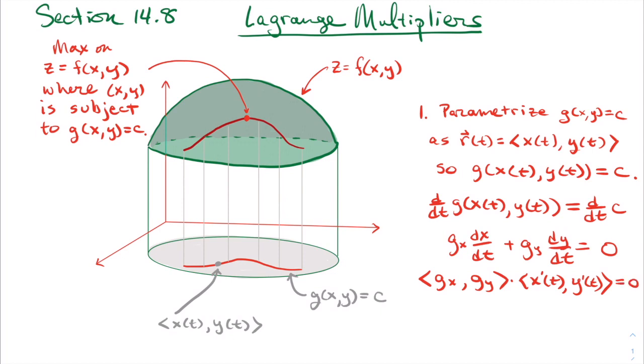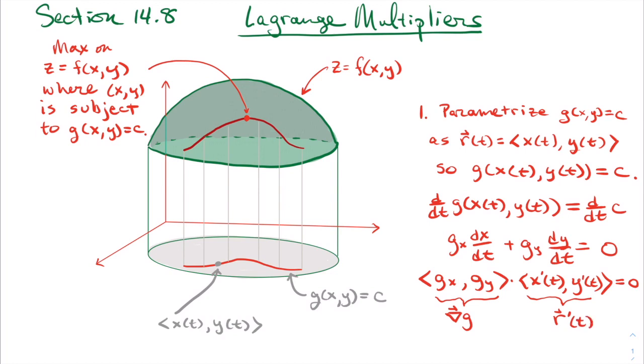Now this first vector here is called the gradient of g. The gradient is also referred to as the total derivative because it combines all the partial derivatives into one vector. The other vector is just r prime of t, if you remember r up above. So this is r prime of t.